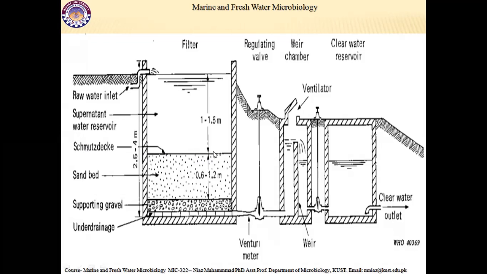We can remove it physically, or we can give a backwash, that is, we flow water from here, it goes here, and when it flows in the opposite direction, the layer which has been formed, the biological film formed on the surface, will be cracked, will break down, and that can be removed physically. So this is called a slow sand filter.